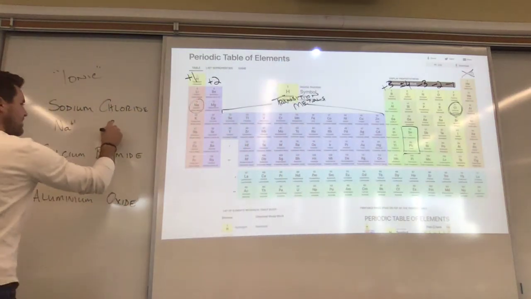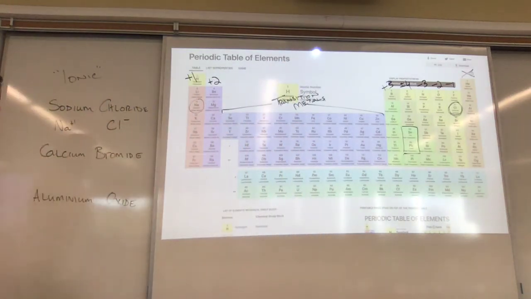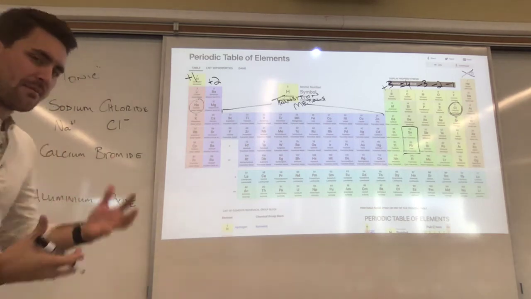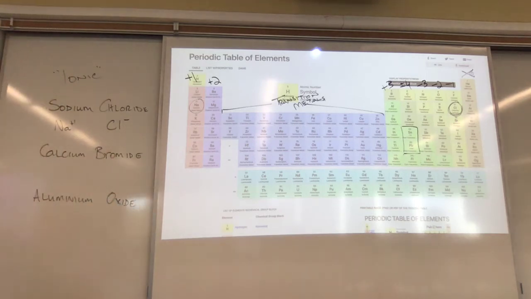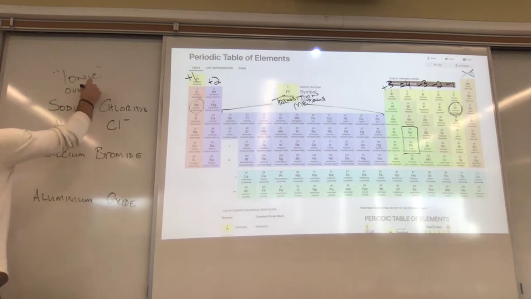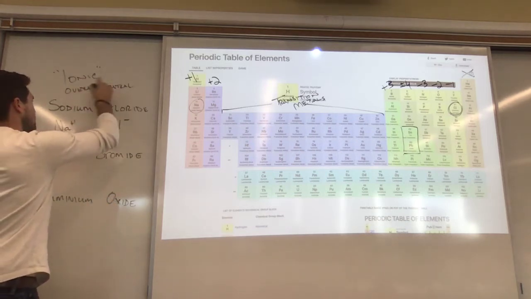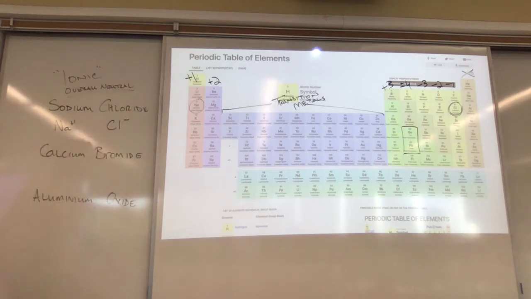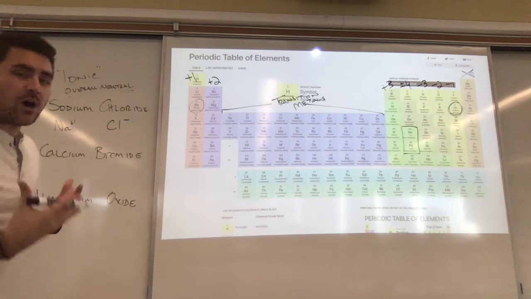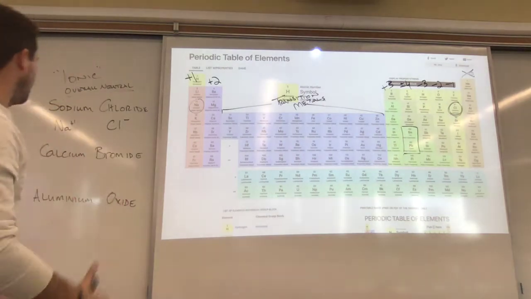So I look at my cation and my anion, my positive and negative ions, and I say, okay, with the understanding that ionic compounds need to have overall neutral charges, how many sodiums will I need to balance out the chlorine's charge?